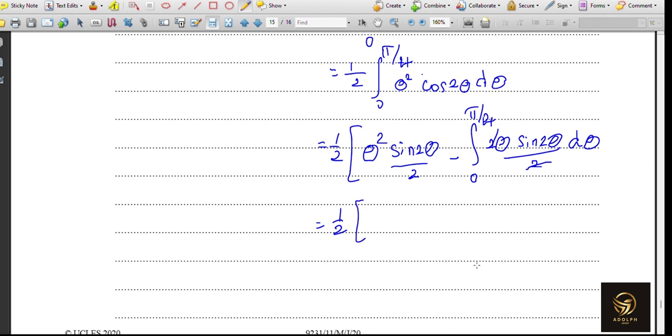Again I have to use integration by parts. Now theta squared sin 2 theta whole divided by 2 is there, then minus theta into sin 2 theta. Here the u value is theta and dv is sin 2 theta. If I integrate, I will be getting minus cos 2 theta, so that it's going to be plus cos 2 theta whole divided by 2.